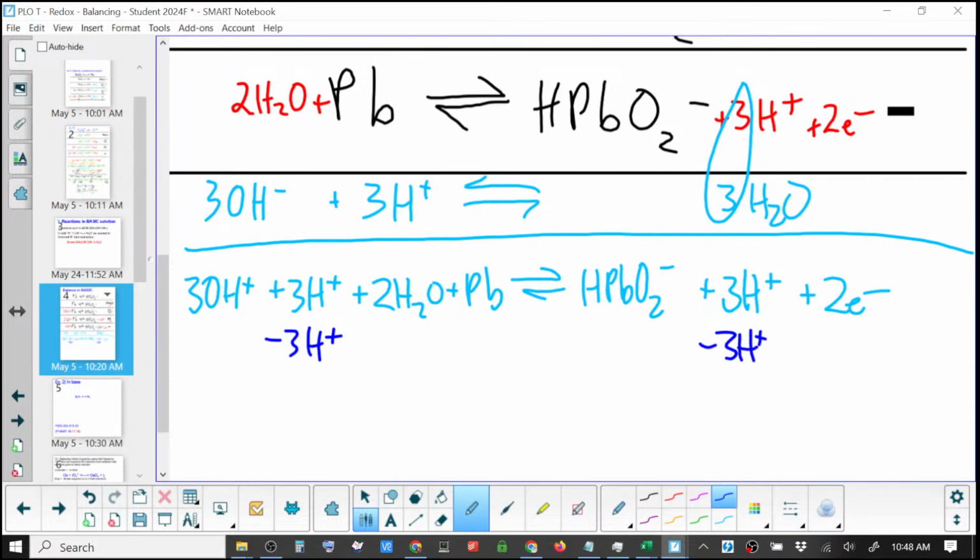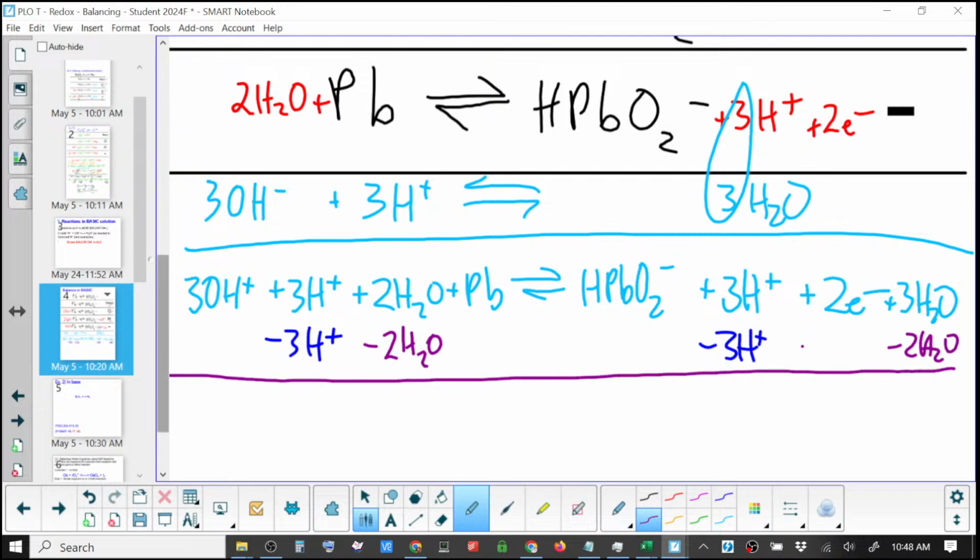Oh, I forgot to add in the water. So, minus 2 H2O there, minus 2 H2O there. And I think that's all the things that are the same on both sides.